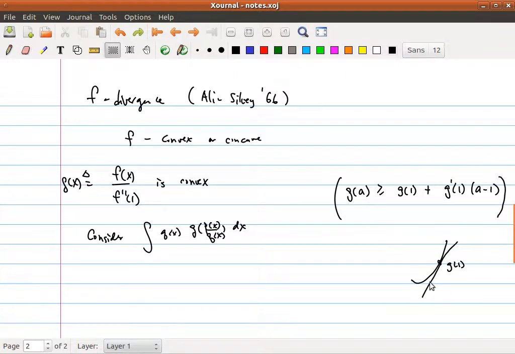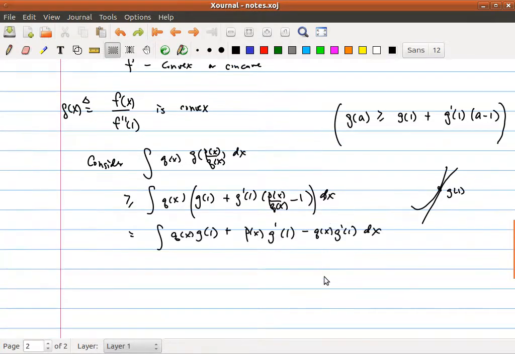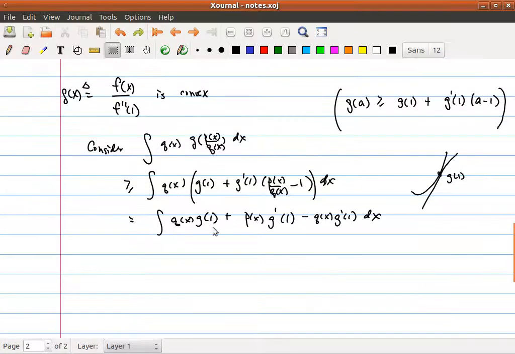As shown graphically here, g(a) is always bigger than this line. Therefore I can substitute this into here, and I will have this is bigger than or equal to q(x) times g(1) plus g'(1) times (p(x) over q(x) minus 1), take the integral, and then I can just expand the term here, and I get this.